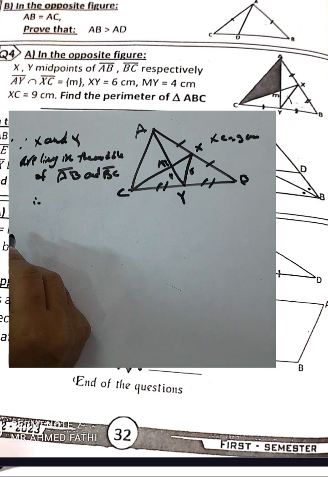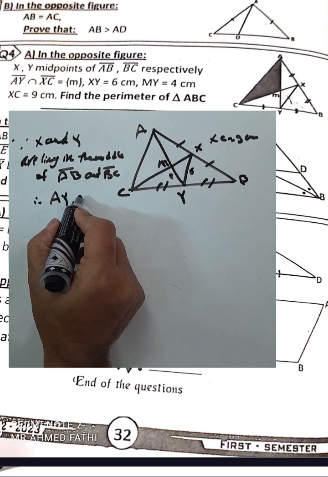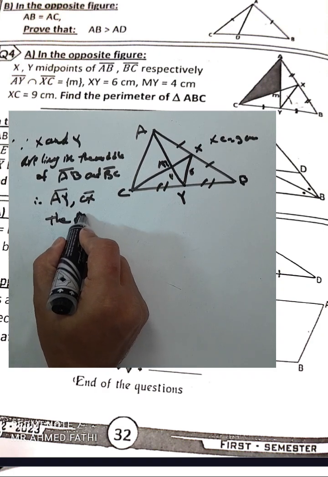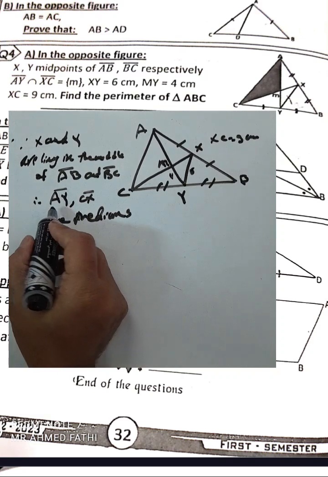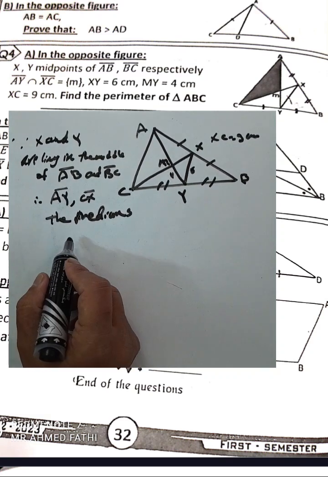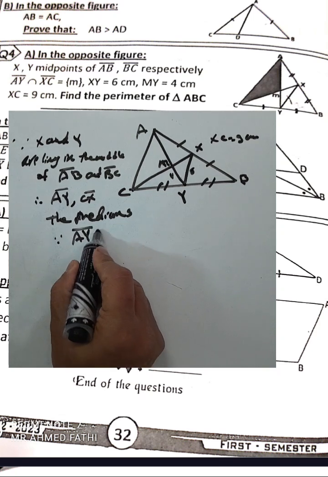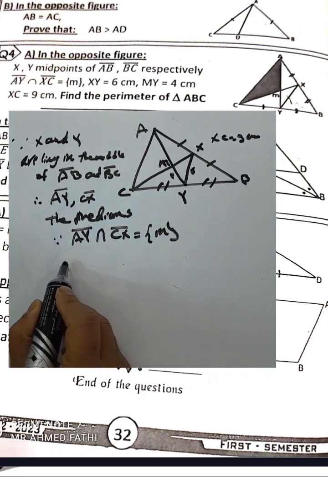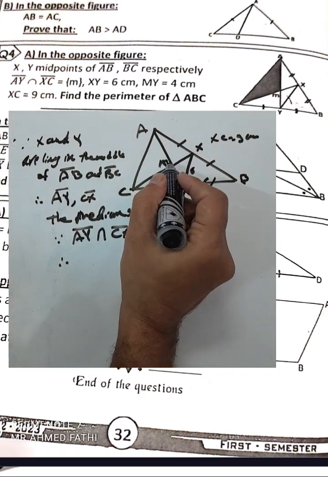Then we can find what? AY and CX the medians. We called it what? The medians. AY and CX the medians in this triangle, and such that AY intersection CX was equal M, then M the point of intersection.